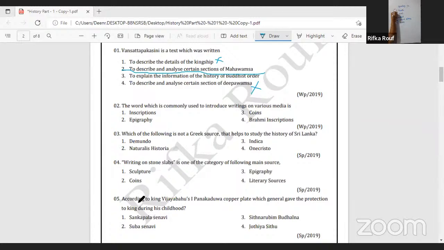So all these writings can be said in one word. Is it inscriptions?